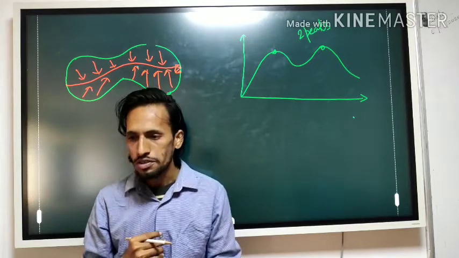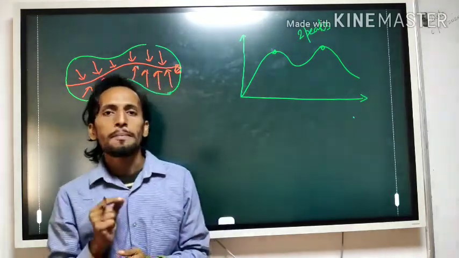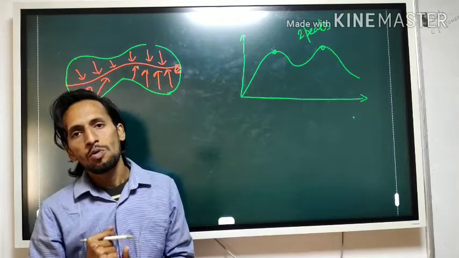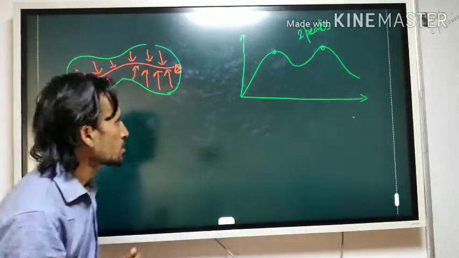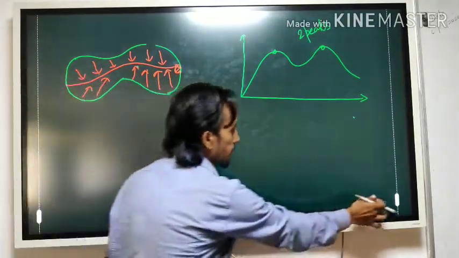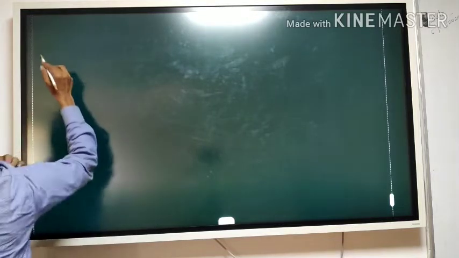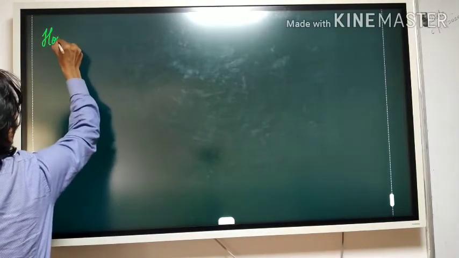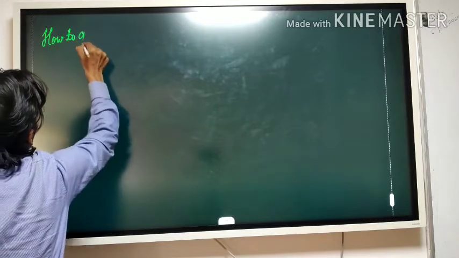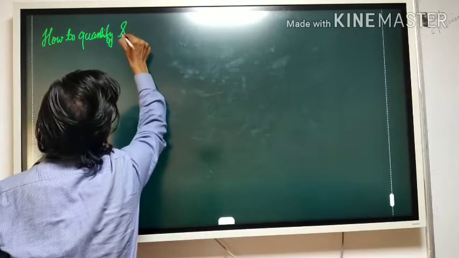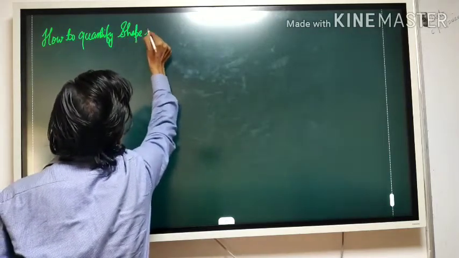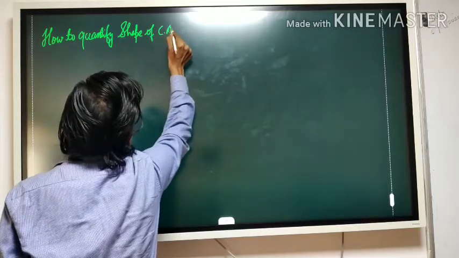So now you want to explain those shapes mathematically. So what can be your parameters to explain these shapes? It is like how to quantify the shape of a basin.